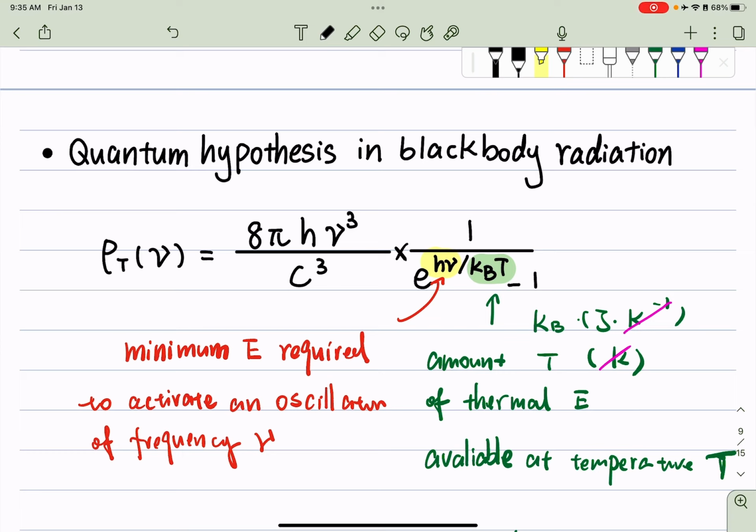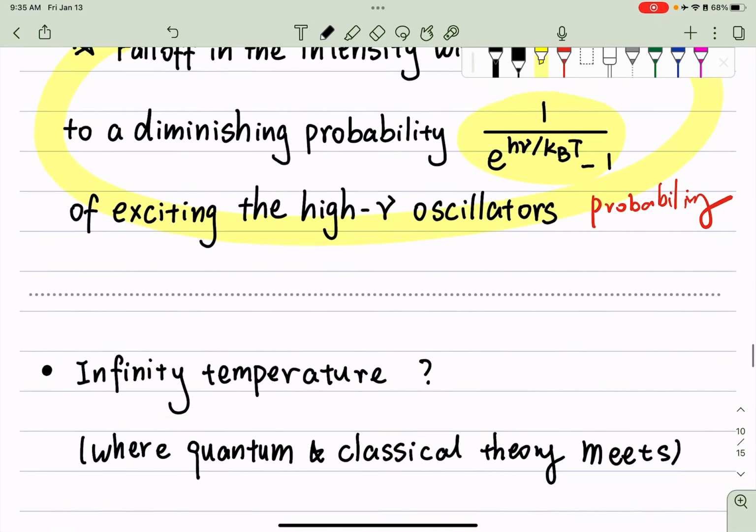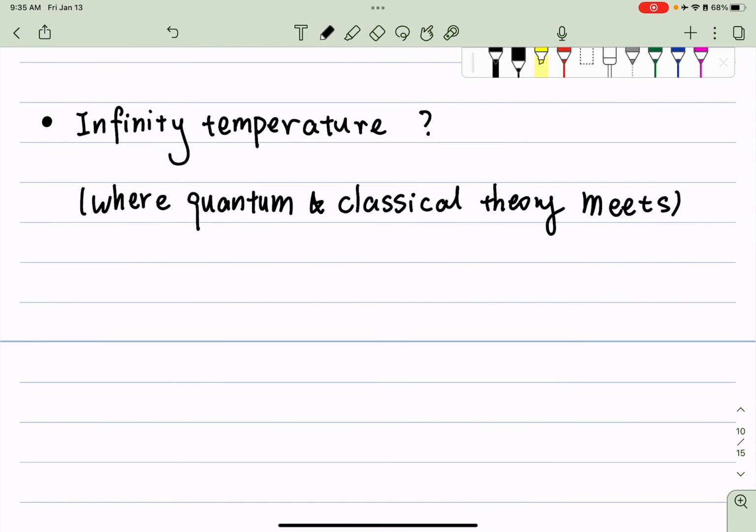Okay, and let me show you one more example, and I hope that's going to help you understand it a little bit more. So let's look at a hypothetical situation. Imagine we're not in the real universe we're living in. We're in a universe where an object has infinite temperature.